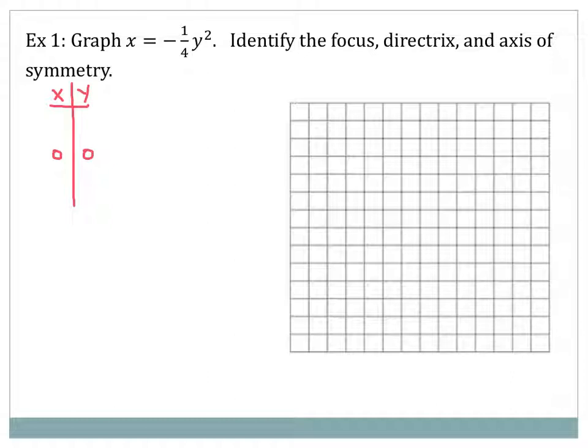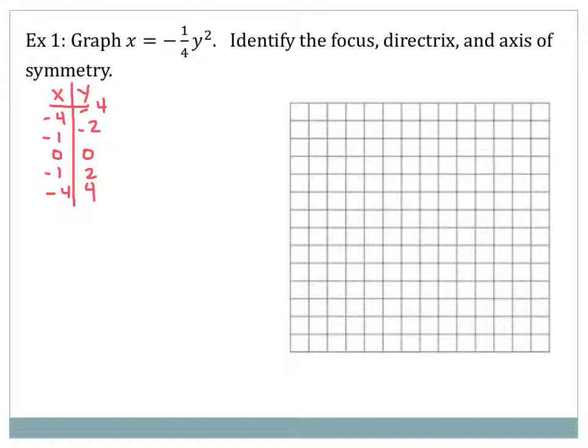So I'm going to do -2 and 2 and -4 and 4, because it comes out with integers and we like integers. So when I plug in the 2, that gives me -1 and -1. And when I plug in the 4, it gives me -4 and -4.